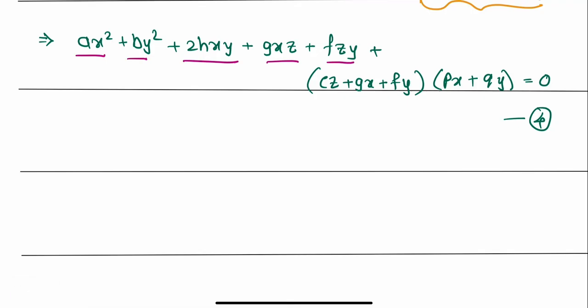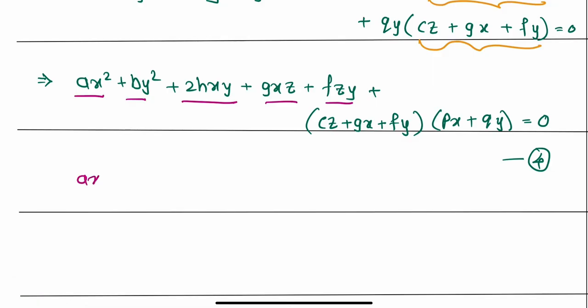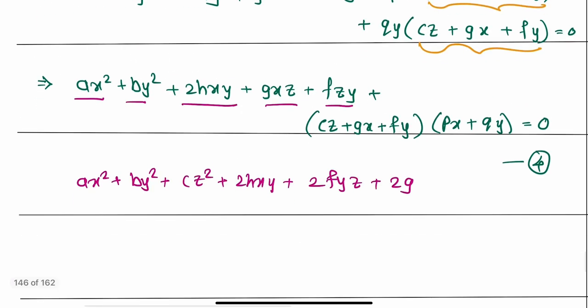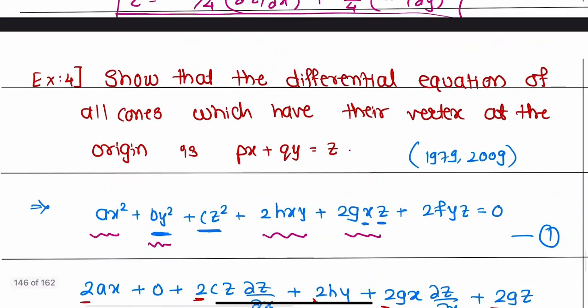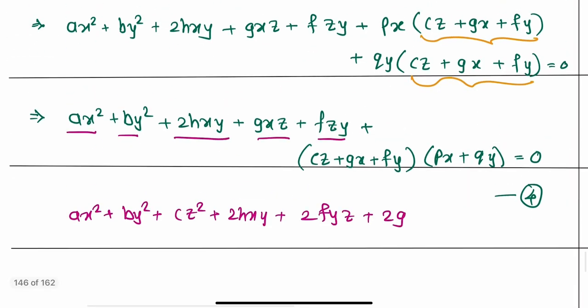Let me first write the given equation of the cone that we wrote earlier: ax square plus by square plus cz square plus 2hxy plus 2fyz plus 2gxz.